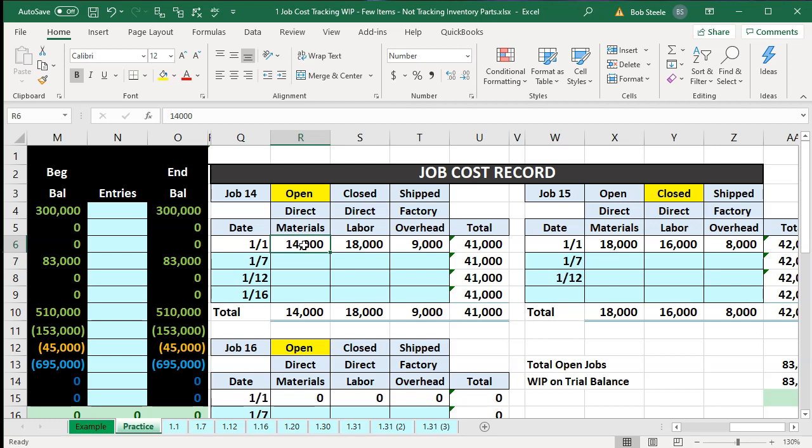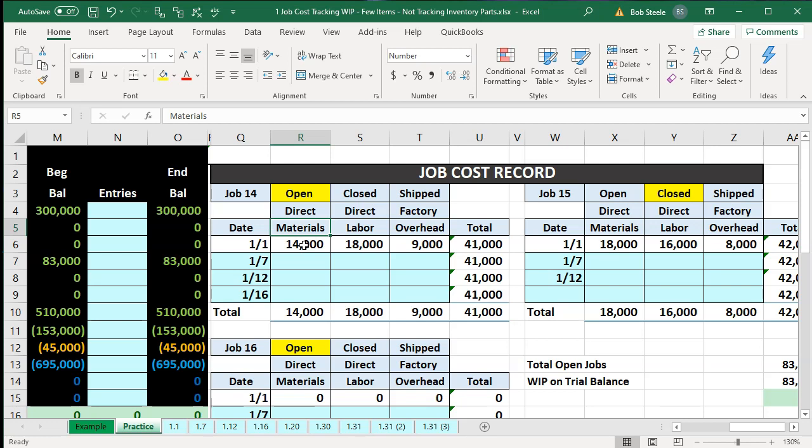So most of the time, whatever you're working on, whatever you have a job cost system for, if it's contracting or something like that, or even if it's just bookkeeping or service orientation, if it's a service, you might not have direct materials, but you still have the direct labor and the factory overhead.